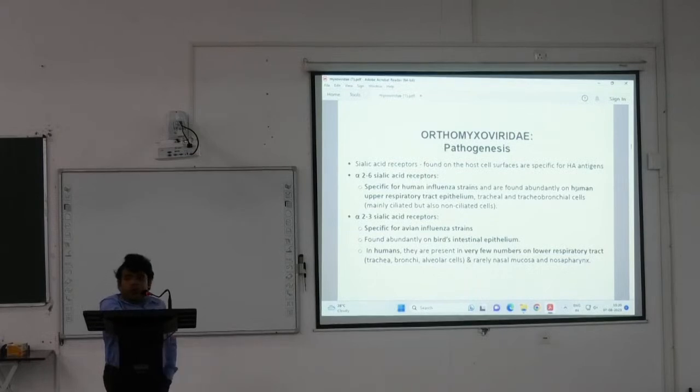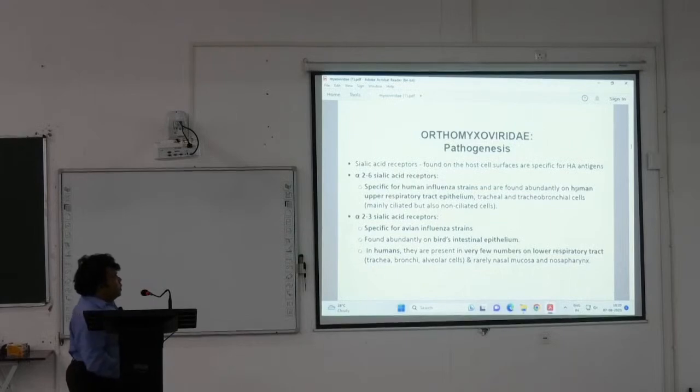I had already told you that the neuraminidase has the sialase enzyme which binds with the sialic acid receptor. Look over here. There are two types of sialic acid receptors: alpha 2,6 and alpha 2,3. The 2,6 sialic acid receptors are present in the human upper respiratory tract, including trachea and tracheobronchial cells.